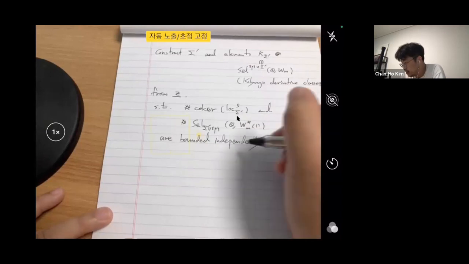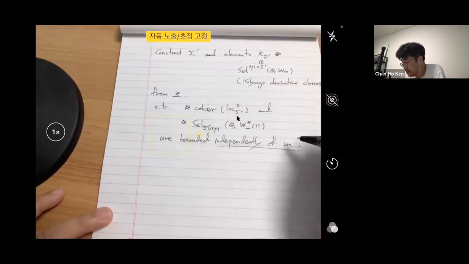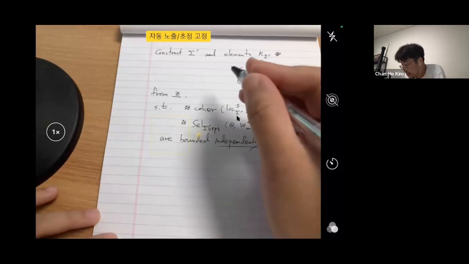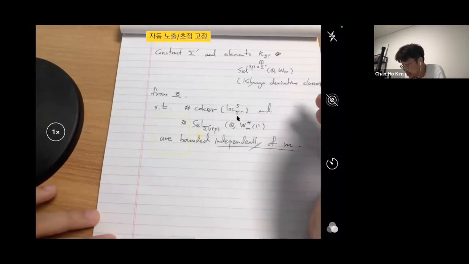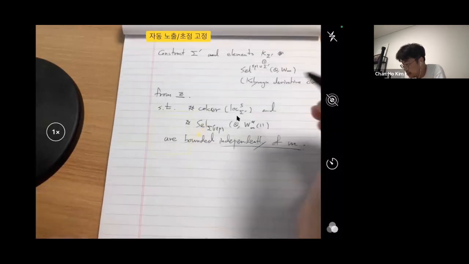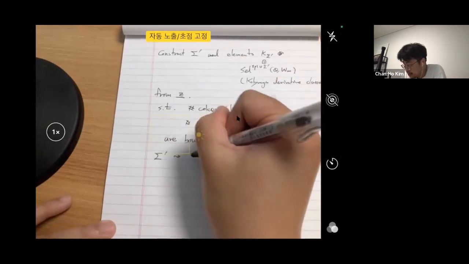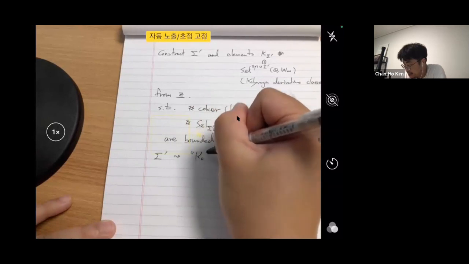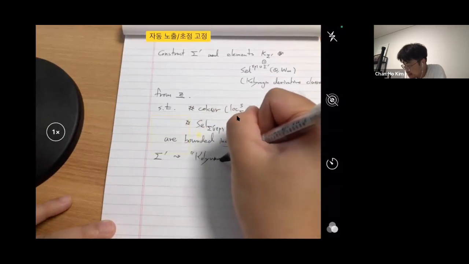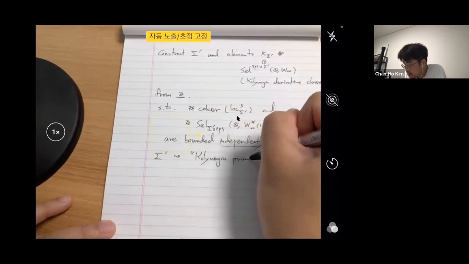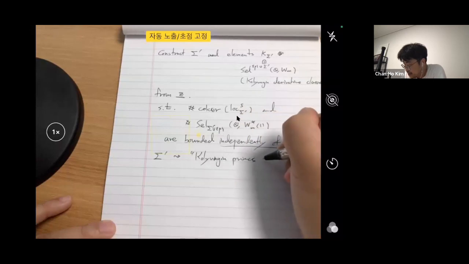Yeah, this part is a bit more non-trivial, because we consider all the p power congruences. So in this situation, this sigma prime will be another set of Kolyvagin primes, but for the cyclotomic setting.